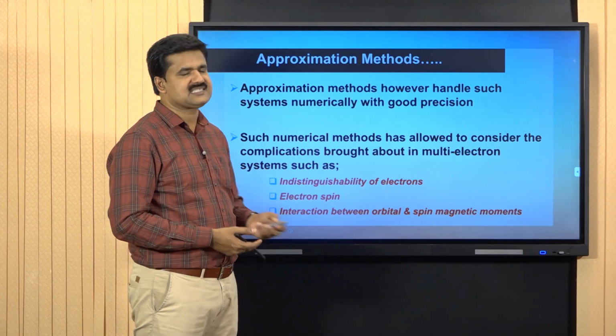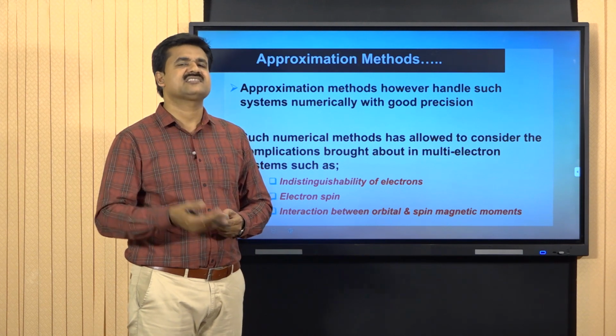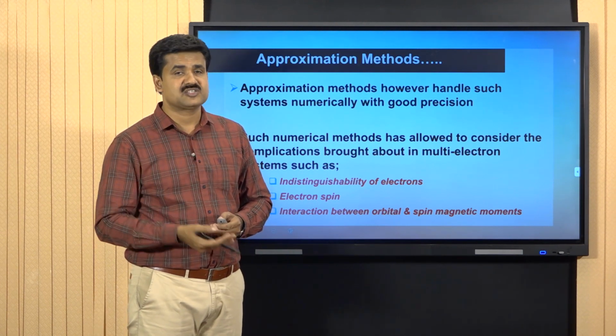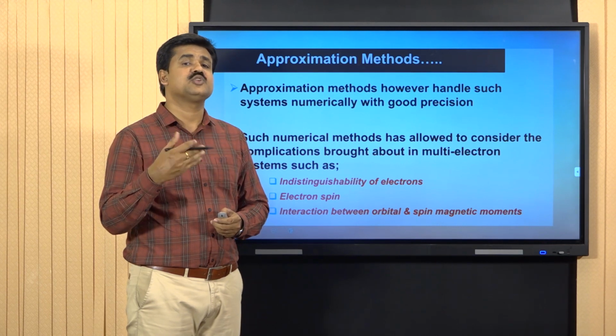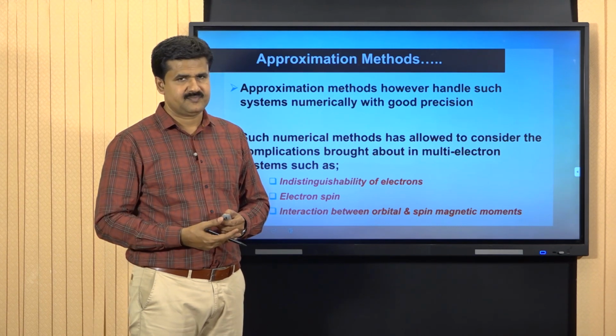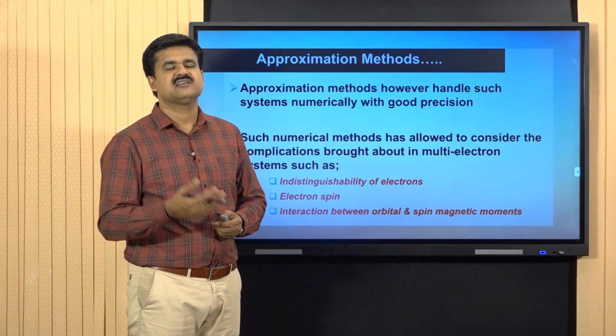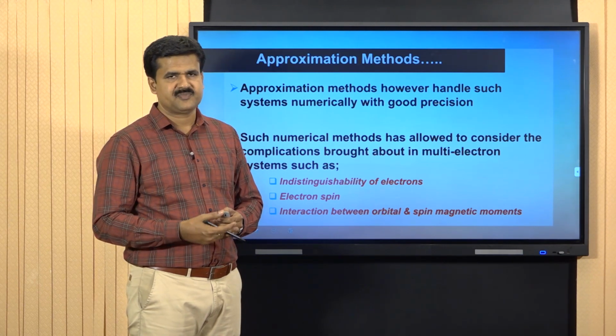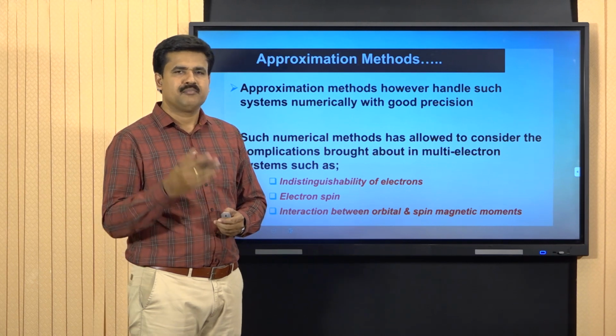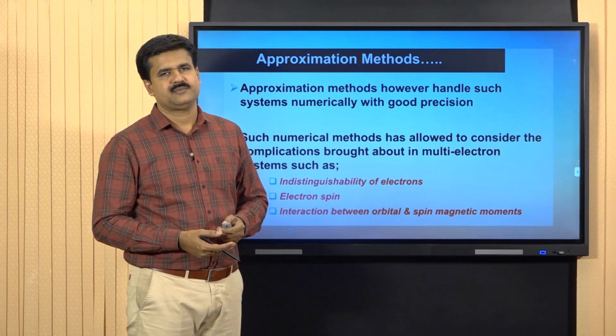These complexities can be addressed by different approximation methods, and such numerical methods open up an easy way to solve the Schrödinger wave equation. Not exactly, but with good precision.